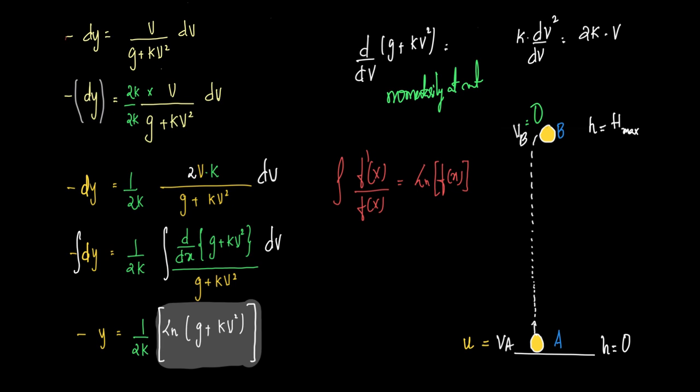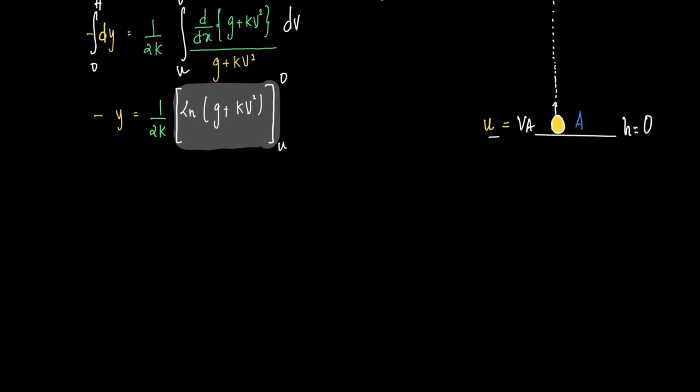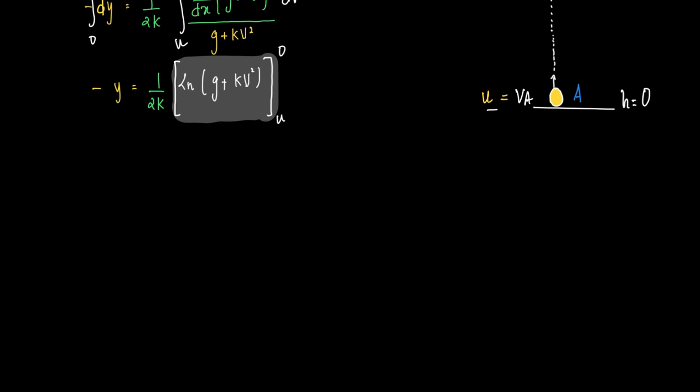So height will vary from 0 to h max, or let us take a capital H, and velocity would vary from u to the maximum height velocity, which is 0. So the limit varies from u to 0. Now if we were to do the rest of the calculation, this becomes minus y varying from 0 to h.